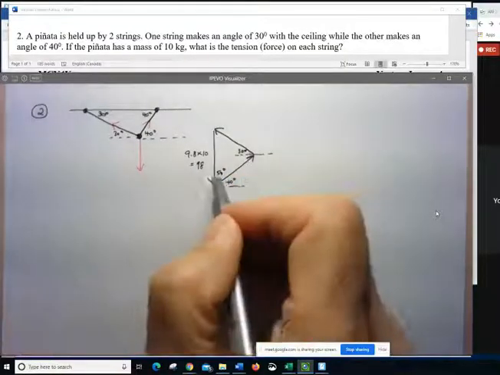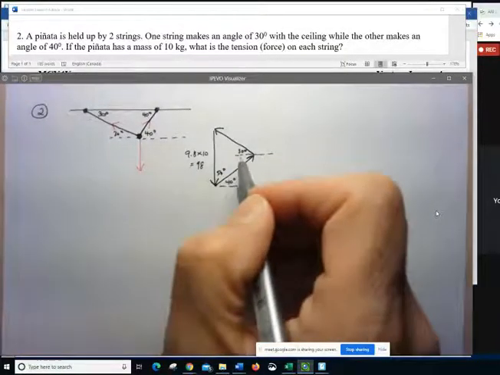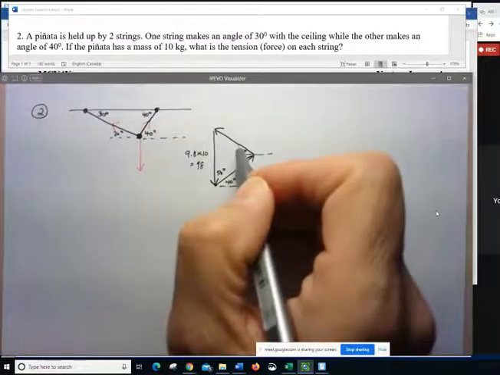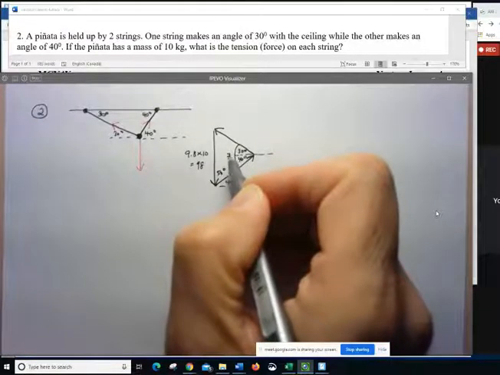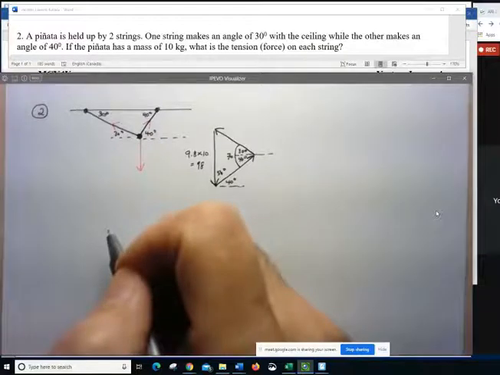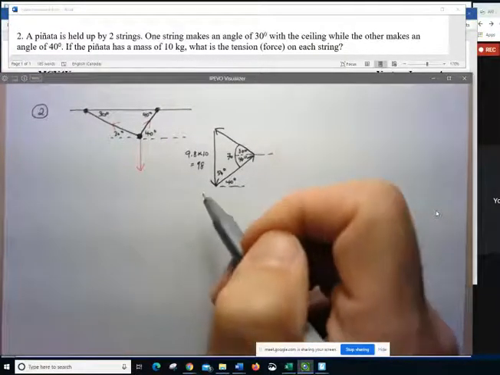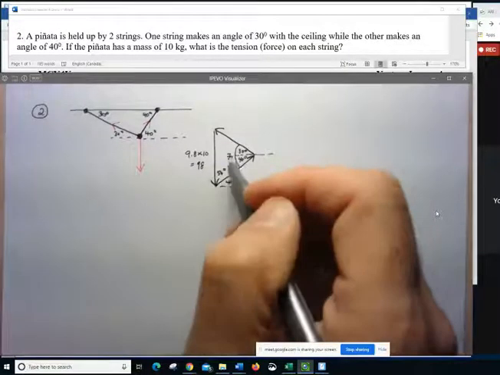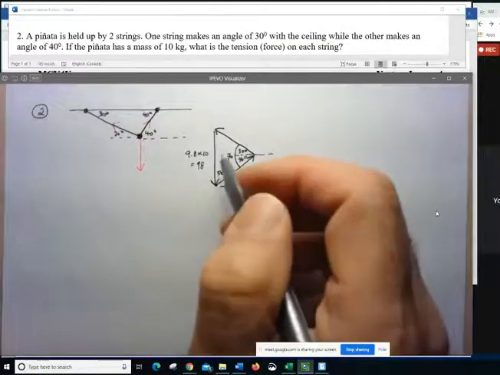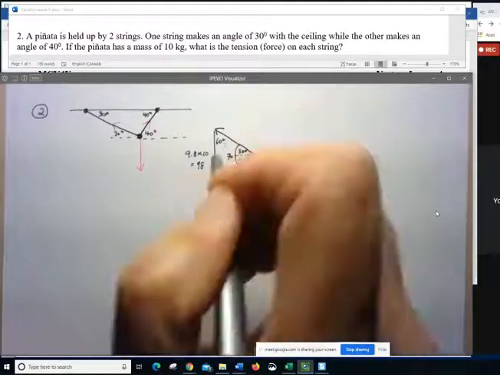Okay, and I know this is 50. Well, hey, if that's 40, that's 40. So that means this angle here is equal to 70. And of course, once I have two angles in a triangle, I have the third automatically. So 70 plus 50 is 120. So this is going to be 60 here.